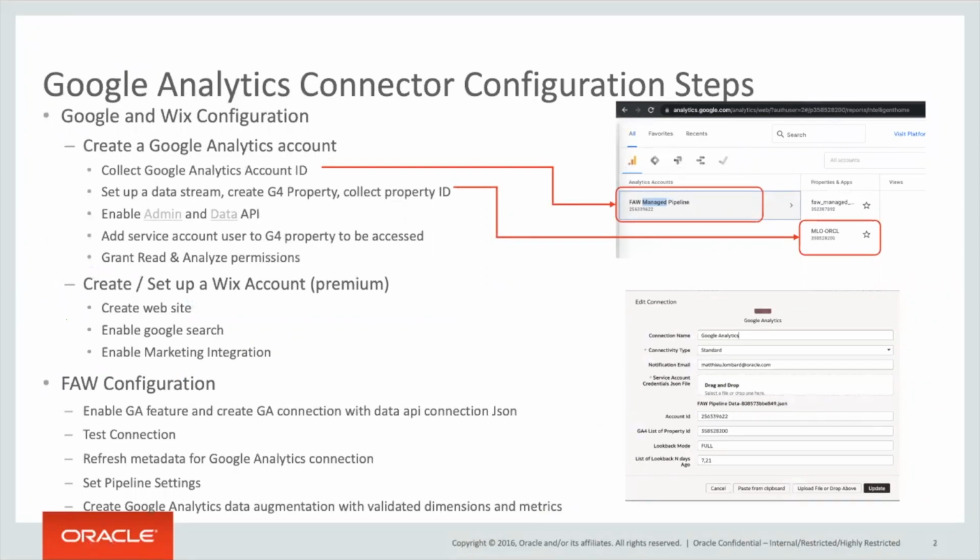And then in our case, as we needed an actual website to do it, we had some configuration to do in Wix. That's the platform that's hosting the website that we've been using. And on the Fusion Analytics side, we had to enable the Google Analytics feature, create a connection to Google Analytics using that data API connection JSON, test the connection, refresh the metadata, set the pipeline settings, and then create a data augmentation to be able to visualize the data.